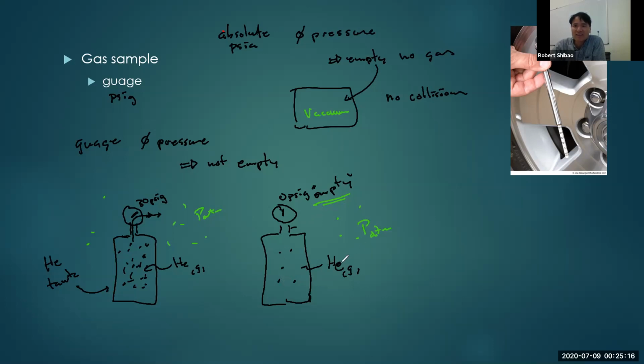And so what's going to happen is eventually this is going to go empty because the helium isn't forced out. In other words, if we have one atmosphere outside here, and we have one atmosphere inside here, then it's balanced. You know, we need a pressure differential. In other words, if we have 14.7 psi out here, then we are going to have 14.7 psi inside here. And that's what we call empty, you know.